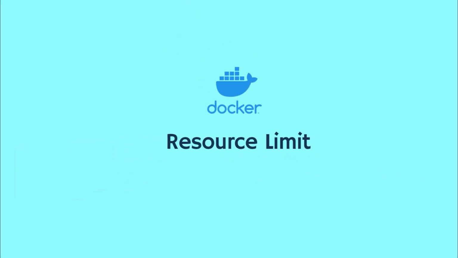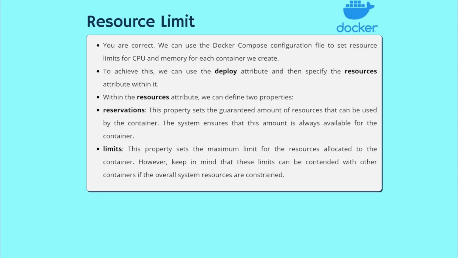Resource limit. You are correct. We can use the Docker Compose configuration file to set resource limits for CPU and memory for each container we create. To achieve this, we can use the deploy attribute and then specify the resources attribute within it. Within the resources attribute, we can define two properties. Reservations.